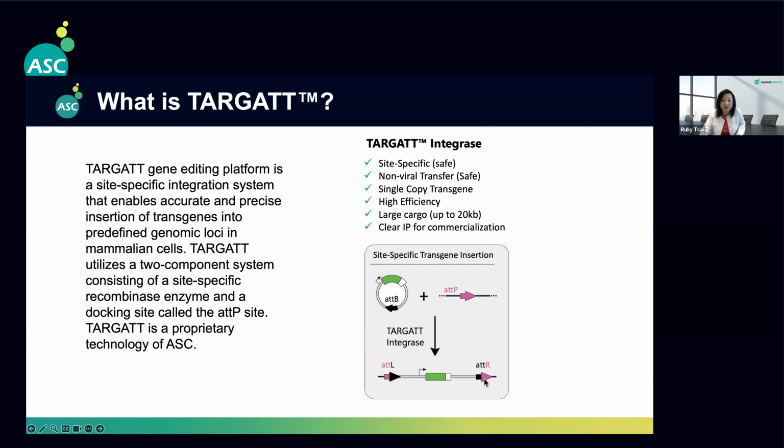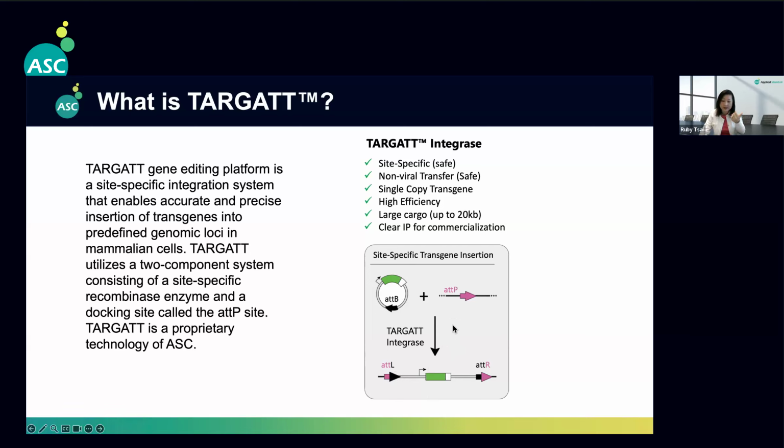And these two hybrid sites cannot be recognized by integrase. So that's why the reverse reaction, which is the excision reaction, does not happen. So integrase only inserts the DNA, but does not excise the insert. So the net effect is a much higher insertion efficiency. So that's really how integrase works.